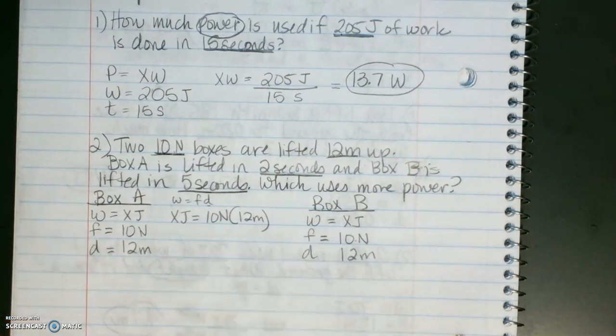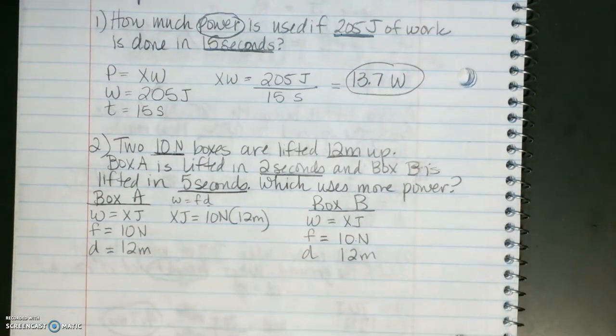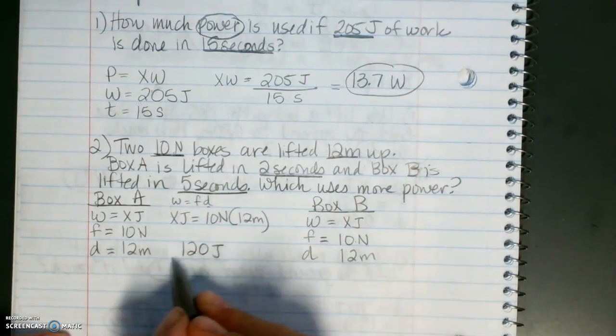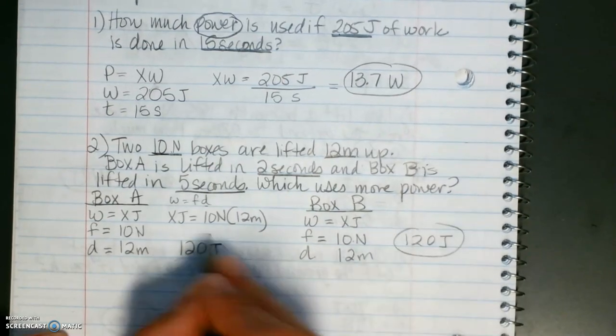I can probably do that in my head, but if you can't, make sure you plug it in. 10 times 12 is 120 joules of work. Each box has 120 joules of work done.